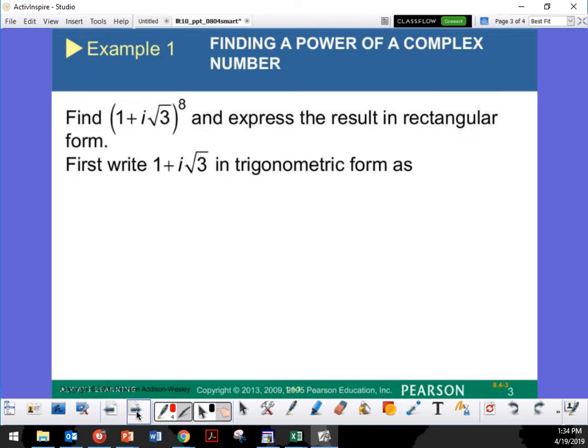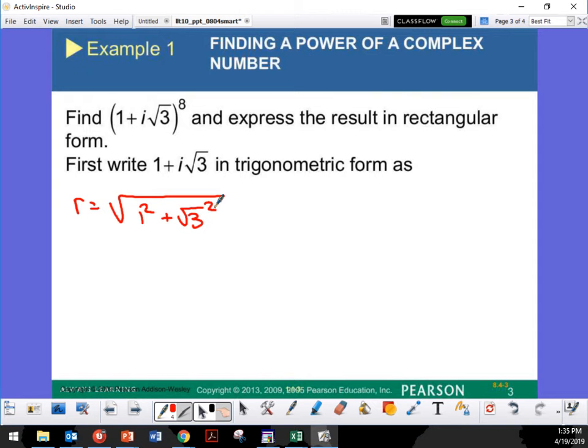We need to change this to the trigonometric form first. Okay, so we need to do that. We need to have r cis theta. I need to have that. So I'm going to do this first. So I know that I need to figure out my r. So r is going to be equal to the square root of 1 squared plus radical 3 squared.